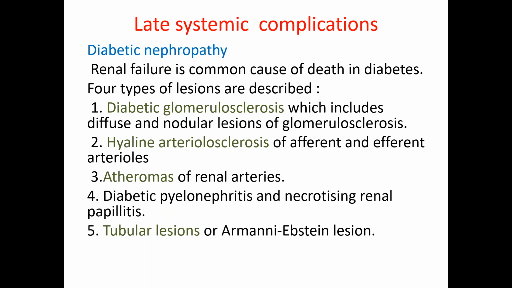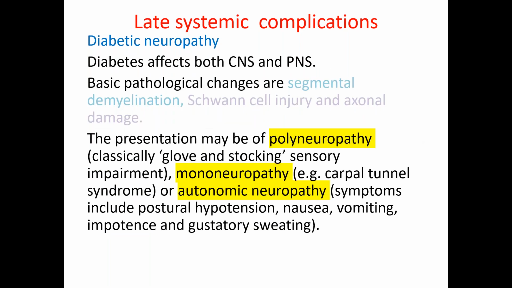And the tubular lesions: continued uncontrolled diabetes is associated with hyperglycemia and glycosuria. This glucose is taken up by the proximal convoluted tubules, and tubular lesions develop. They are described as Armanni-Ebstein lesion, vacuolation of the glycogen in the proximal convoluted tubular epithelial cells. And that is about diabetic nephropathy.